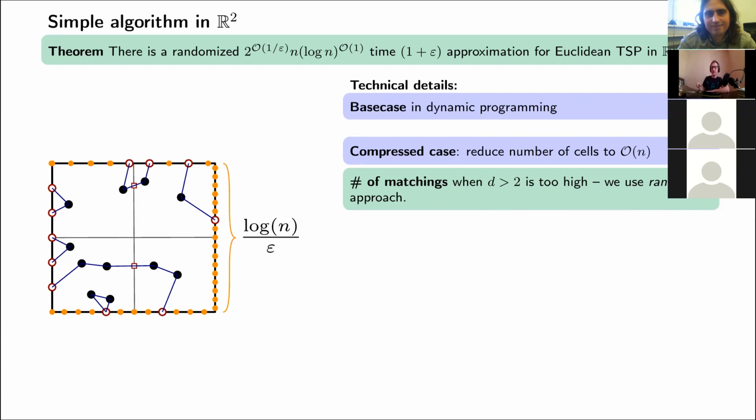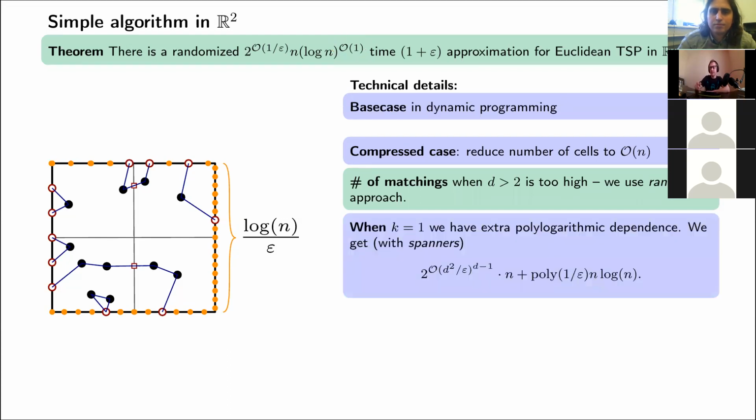If you want to sacrifice this big O of 1 in the logarithm, then you can get rid of it. But if you want to have as fast an algorithm as you want, we have to use this rank-based approach.